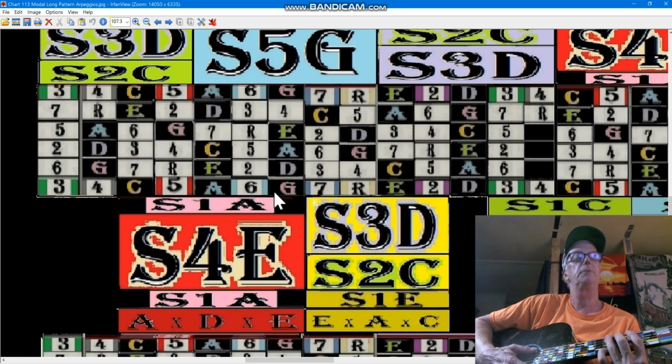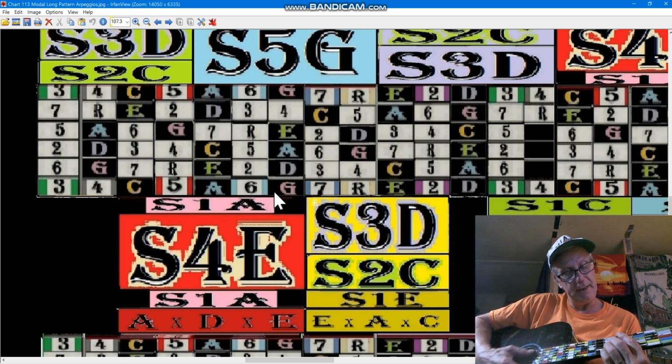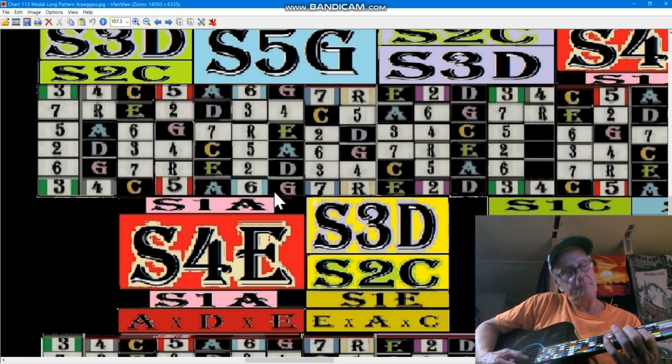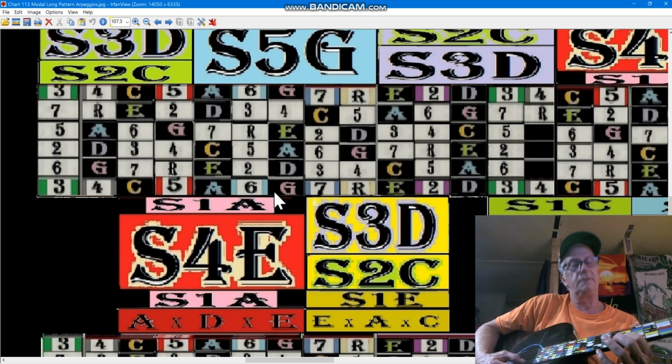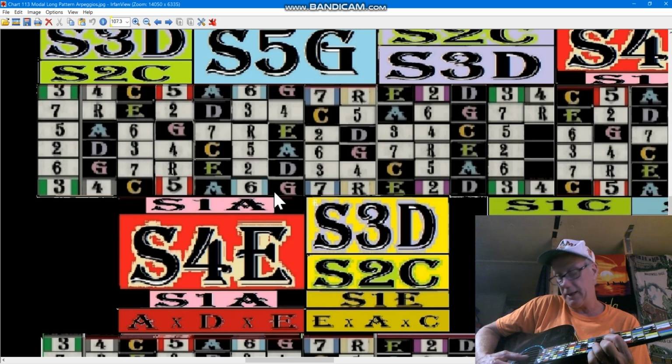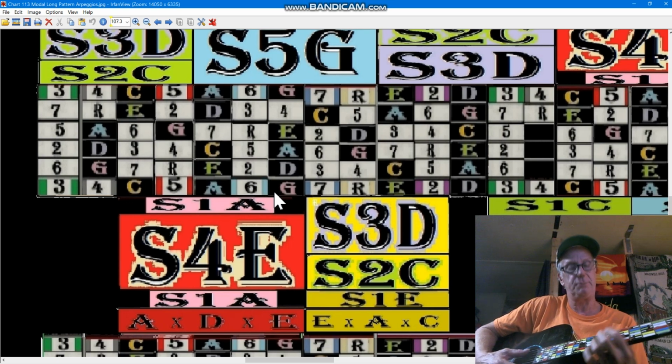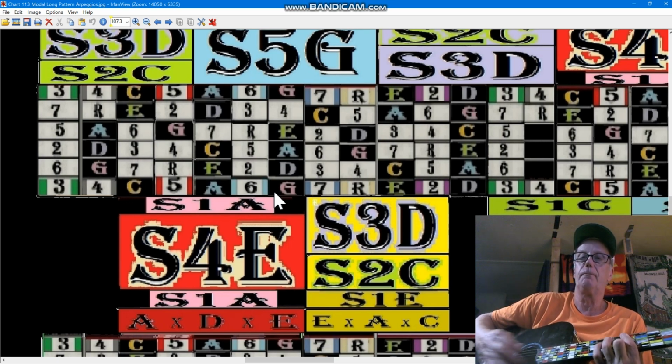No, let's see. We're in the key of A, right? We did A shaped C. We did C minor shaped D minor, and then we did a D minor shaped E minor, and a D major shaped F. From D we're going to go to the E shaped G, not the G shaped.